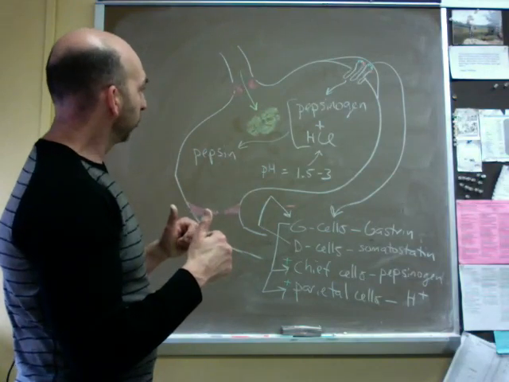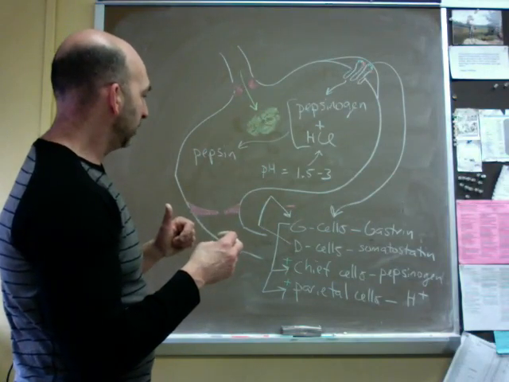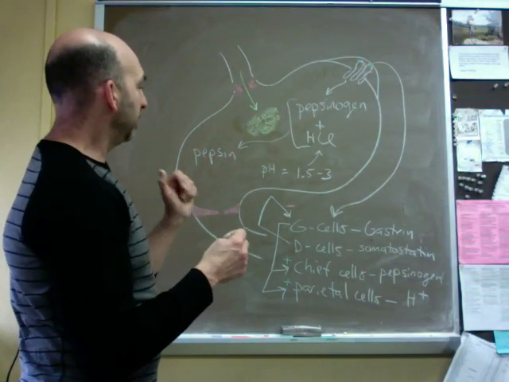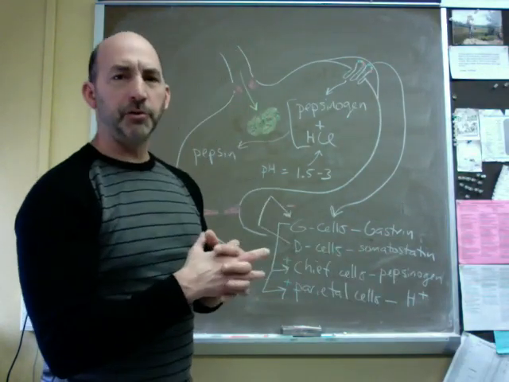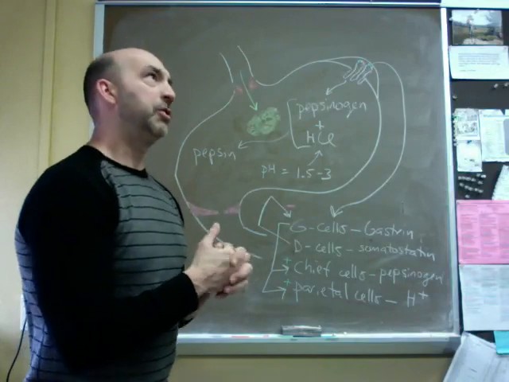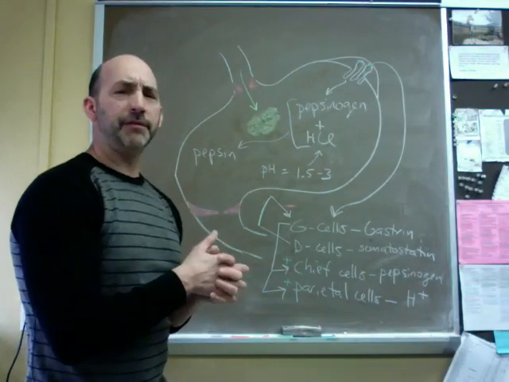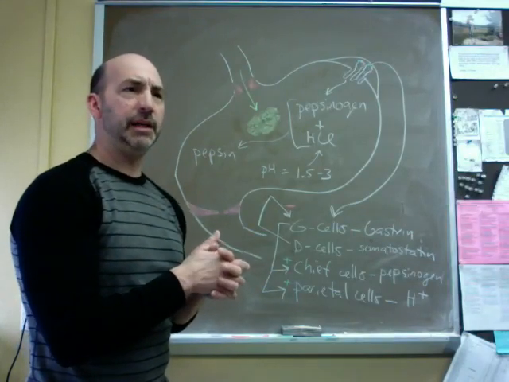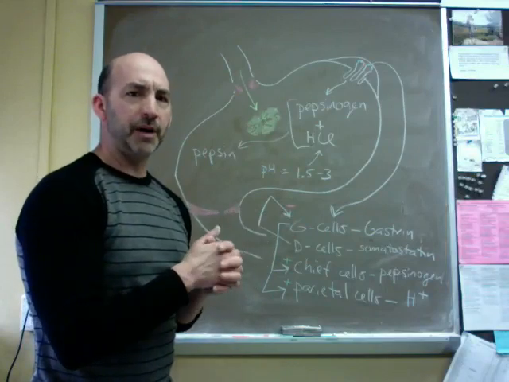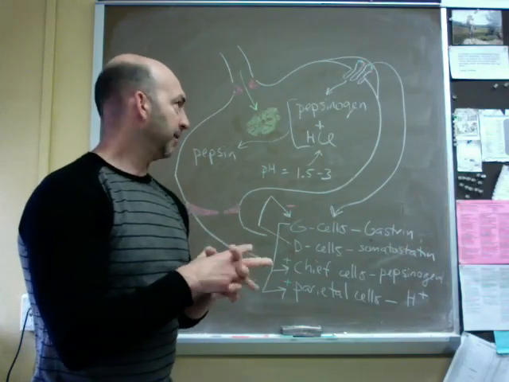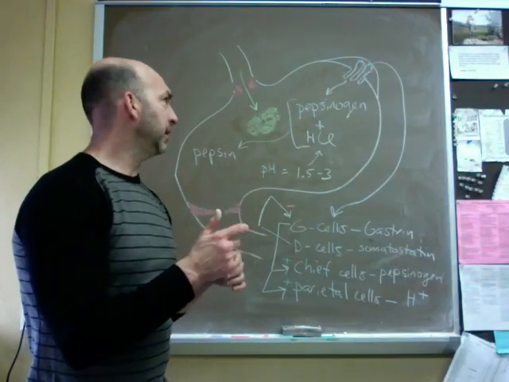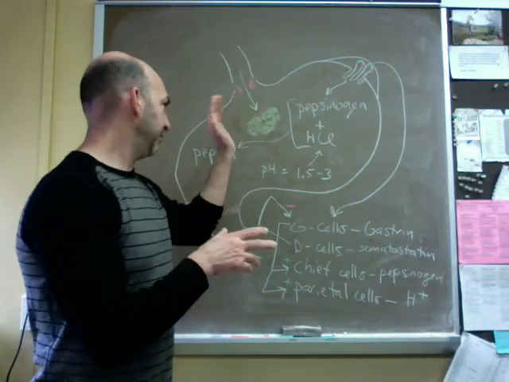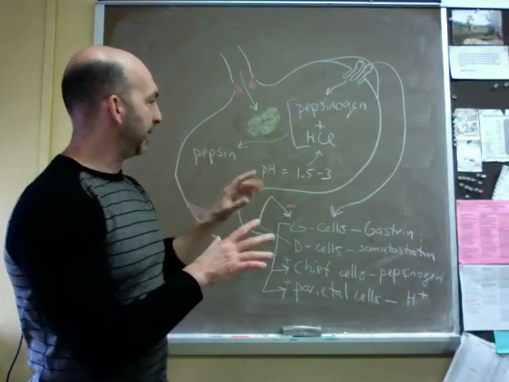All right, I forgot one thing. The parietal cells also produce a molecule called intrinsic factor. Vitamin B12 is very acid sensitive. It needs carriers within the GI tract before it can be absorbed. There's one that comes with saliva, R protein, that carries it and protects it down in the stomach.